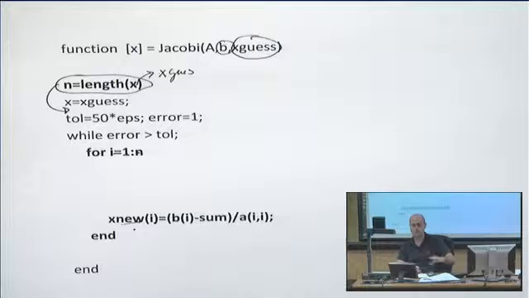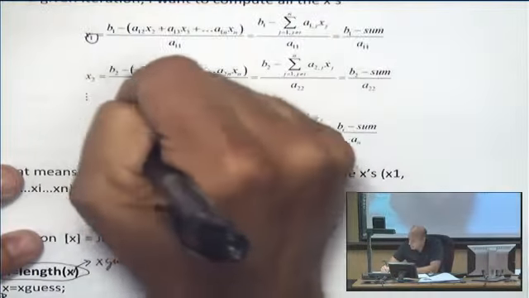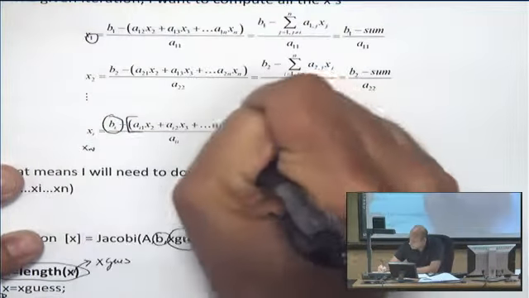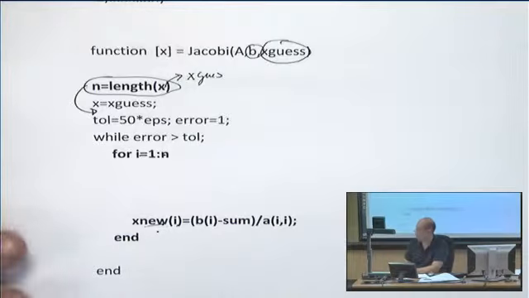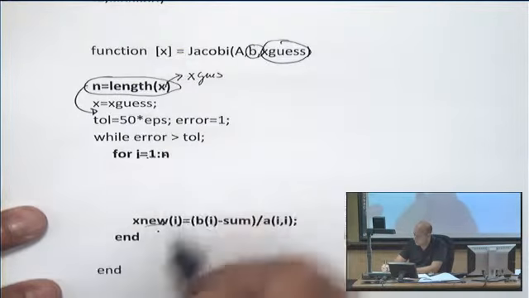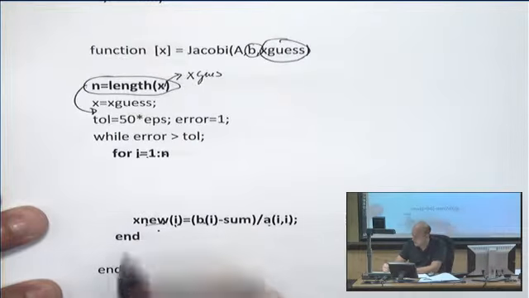That's how the Jacobi method works. So I said x new of i is equal to b of i minus this term in parentheses, which I'm going to call sum, divided by a of i i. So for i goes from 1 to n, x new of i is equal to b of i minus sum divided by a of i i, end.